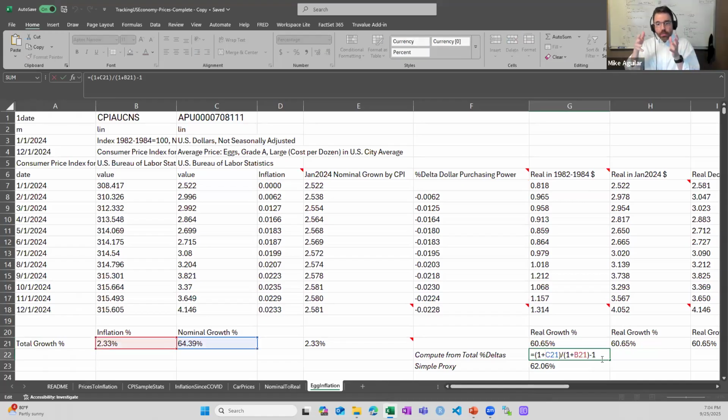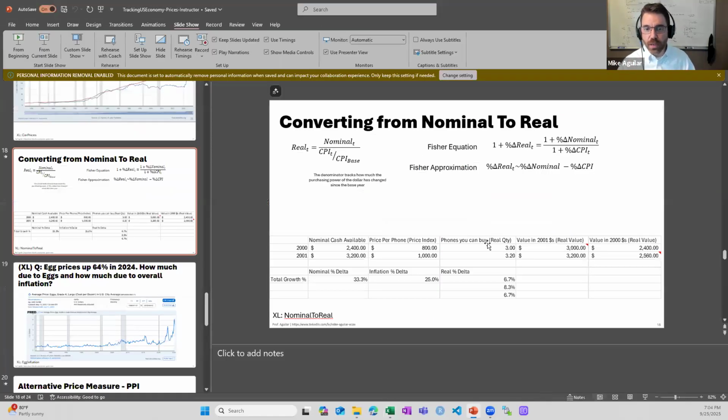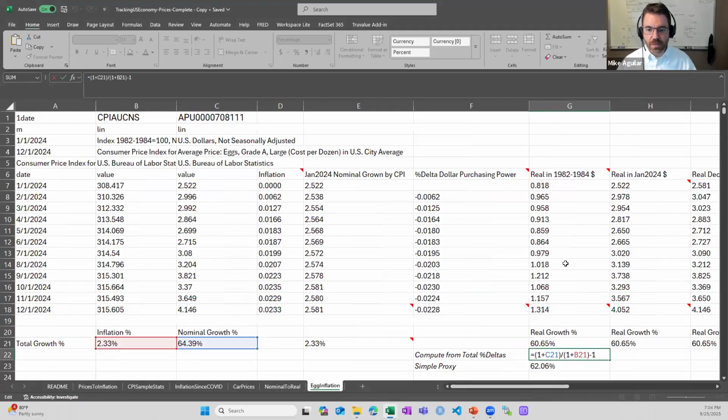Look at that. That's 1 plus C21, which is nominal, divided by 1 plus B21, that's inflation, minus 1. It matches exactly what's in the formula up at the top, which, my friends, is 60.65. This is directly from the change in real, and that's our proxy. So you don't need to actually do the conversion.